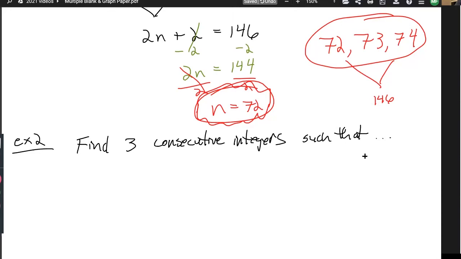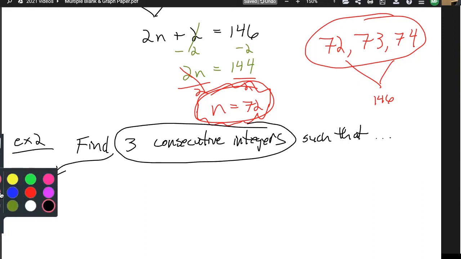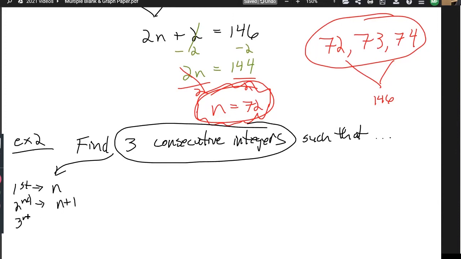You need to know what 3 consecutive integers means. Let's figure out what that means. That means the first is n, the second is n plus 1, and the third is n plus 2. Okay, such that, all right, now here's the riddle.